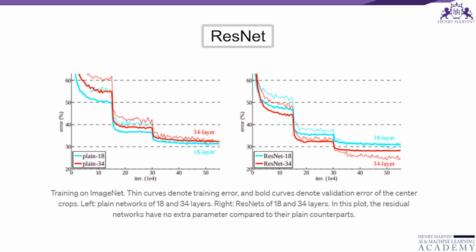A VGG net was 16 layers deep, but this ResNet has 152 weight layers. However, at runtime it is faster than VGGNet, even with 8 times more layers. This is the most important point we have to remember. Even if you train it on a single GPU, it takes about 2 to 3 weeks. It is very much feasible.